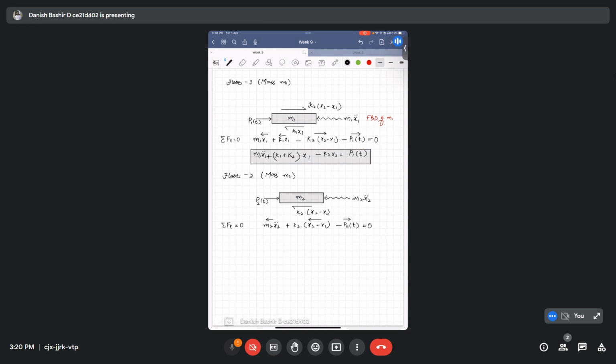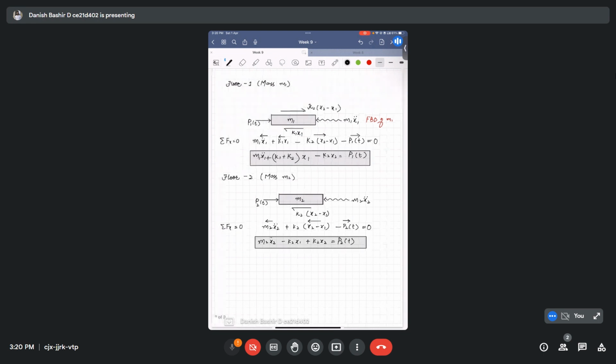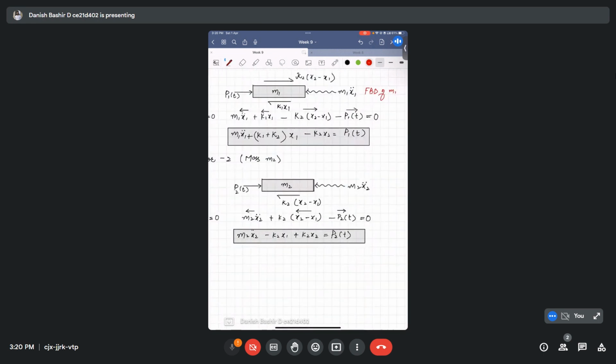Rearranging, we get m2 x2 double dot minus k2 x1 plus k2 x2 is equal to p2 of t. Okay, we got another equation of motion, so we can write here: this we got as the first equation, and this we got as the second equation.